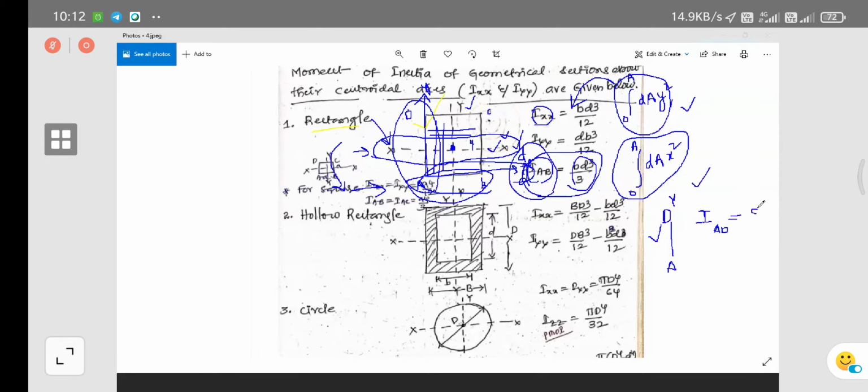Why db cubed by 3? Because b by 2 acts as the perpendicular distance between the two parallel axes. That's db cubed by 3.